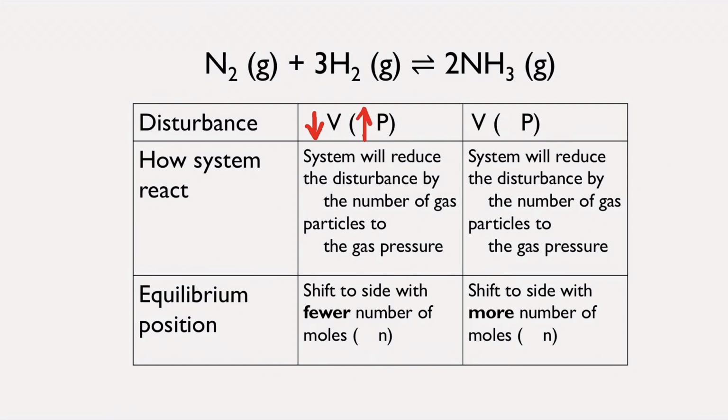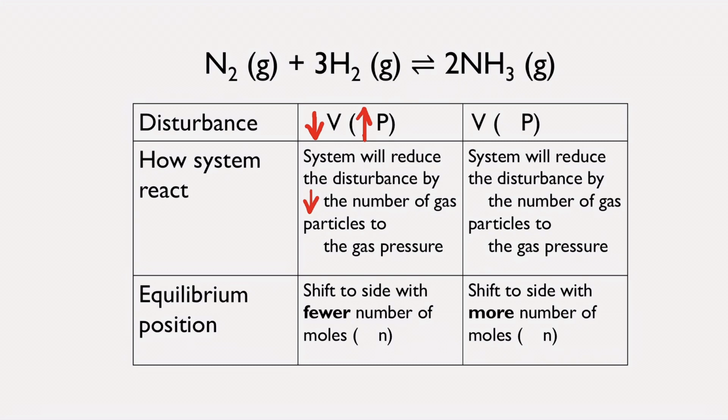Okay, so since your disturbance is an increase in pressure, then how will your system react? Your system will try to reduce the disturbance by what? If you want to decrease the pressure again, minimize this disturbance by decreasing or reducing the number of particles.